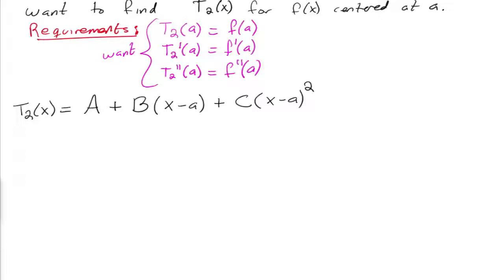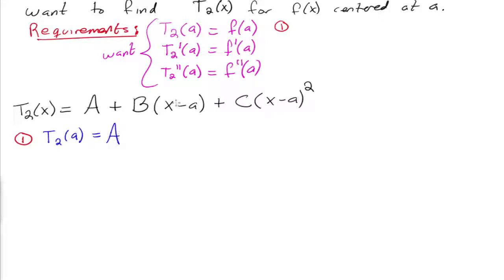Okay. So these values A, B, and C, we don't know what they are, so we want to find them. Let's do A first. Let's number these. Let's say this is requirement number 1. So using requirement number 1, what is T2 of A equal to from plugging it in up here? If I plug in A into this polynomial, what do I get?